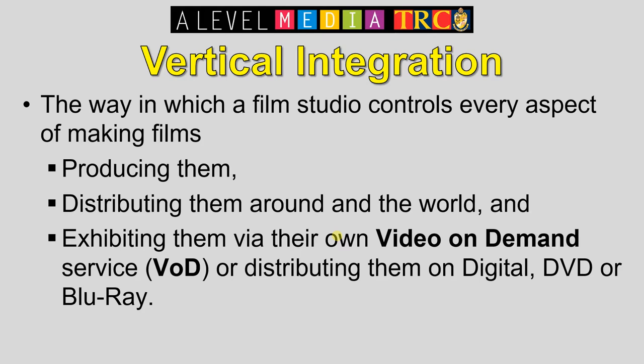They would make the films in-house, make them themselves. They would own distribution divisions which could distribute the films to the cinemas, and in those days they even owned the cinemas themselves, so they had complete control over every stage of the process.